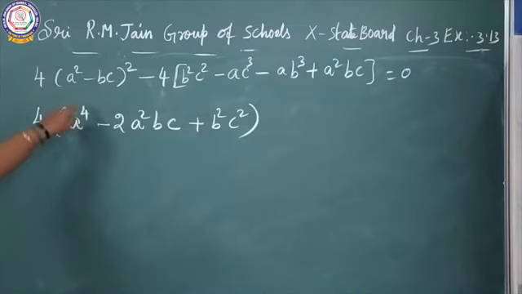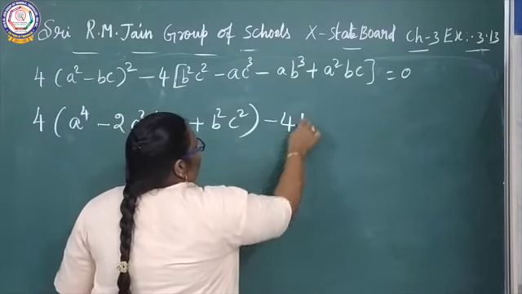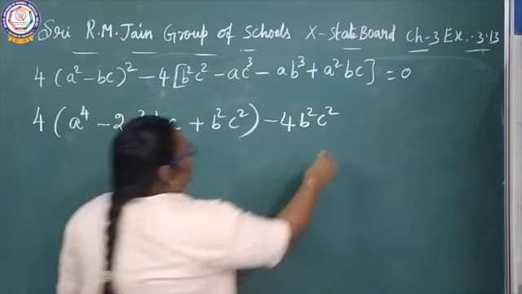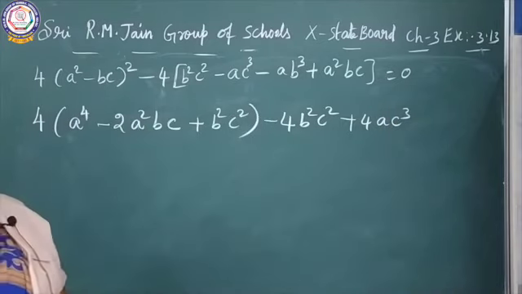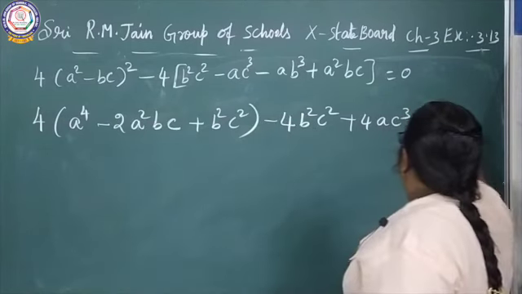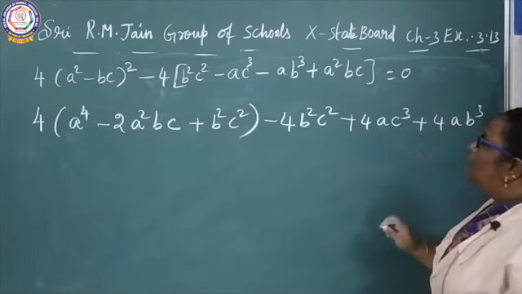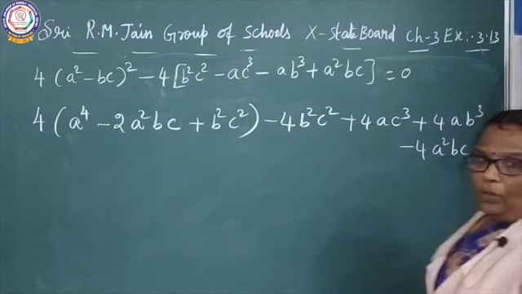Then you multiply minus 4b square c square plus 4ac cube plus 4ab cube minus 4a square bc equal to 0.